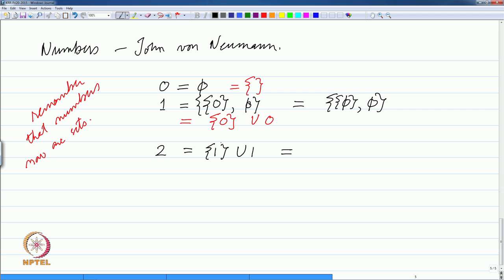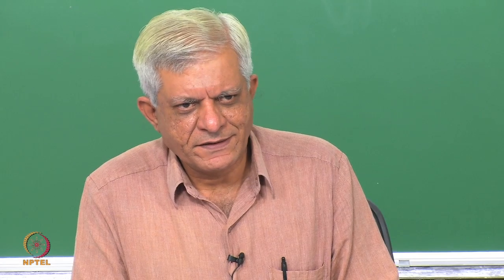And what is the set 1? 1 is this set that we have just drawn here, which is phi. This is the number 1. So, I want to take a union of this with the same set. So, the first object is a set containing 1 and the second object is 1 itself essentially.